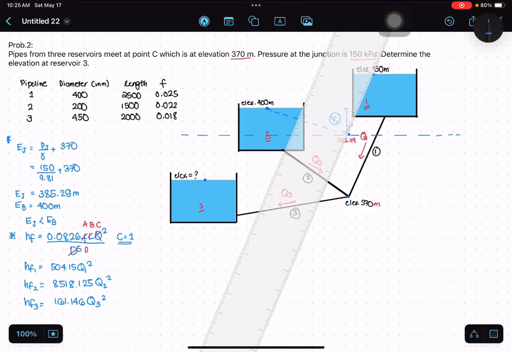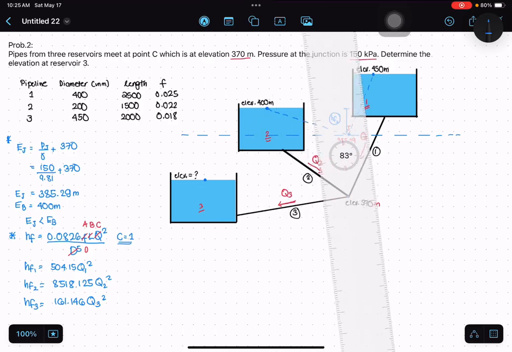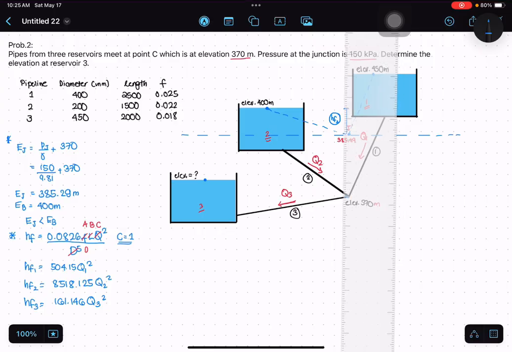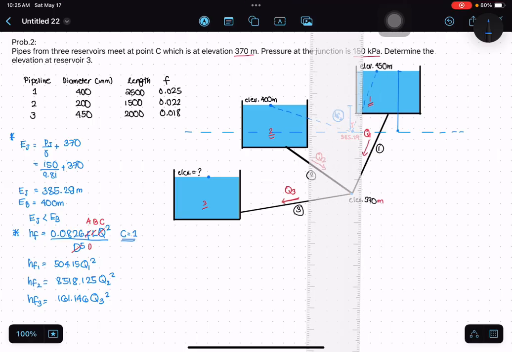Then, we do the same for the others. Ito naman si Reservoir 1. Okay? So, this will be our EGL, and the drop in the EGL from Reservoir 1 to the junction is our HF1.